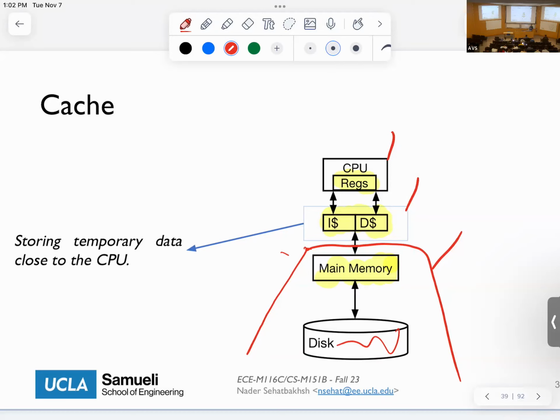I have CPU, I have cache, and I have main memory. And then within this cache, I might have multiple layers or levels. We call them L1, L2, L3, L4, and so on and so forth. For now, let's assume that there's just one layer and we call that level 1. But in the future, we're going to add more layers to this as well. Okay.